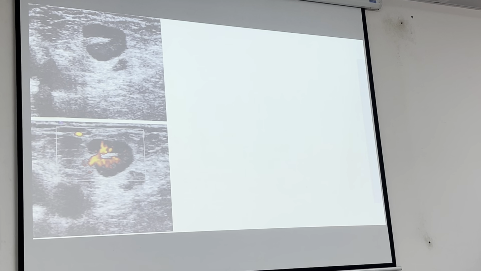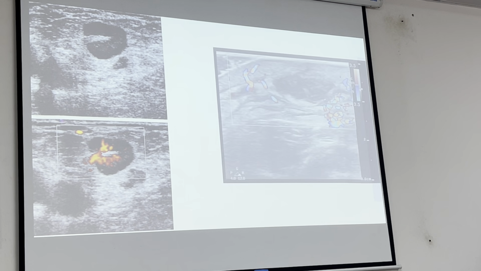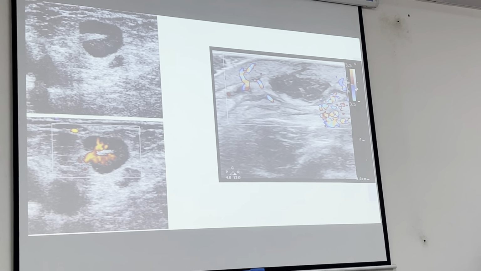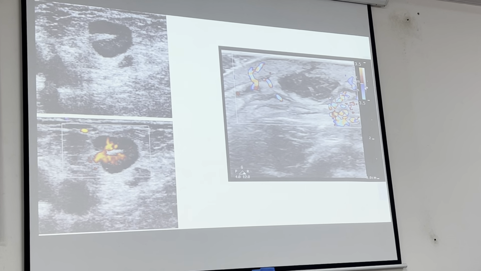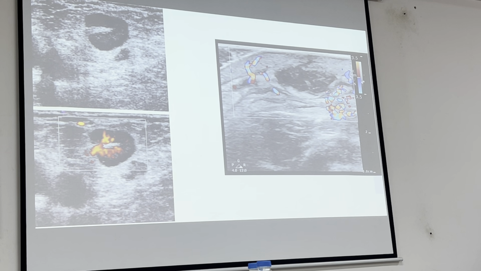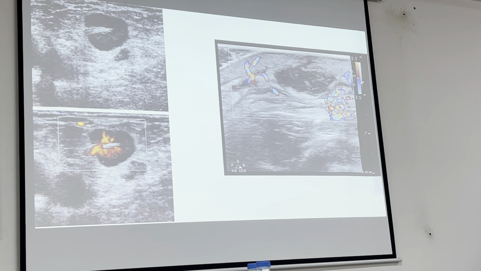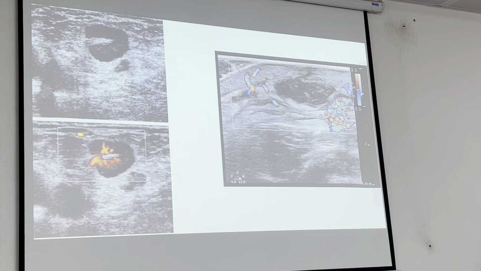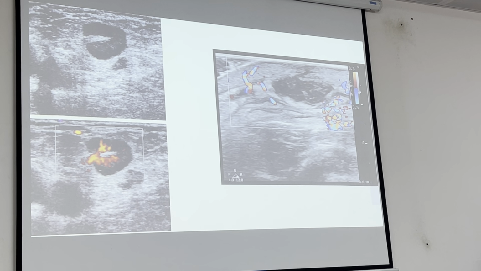When we put color flow on it, it had color flow on the inside, versus here on your right is an abscess, as we're seeing blood flow seen with the color Doppler on the outsides of the hypoechoic region versus inside. So the blood supply goes in with the lymph node and is on the outside and the surrounding structure for the abscess.